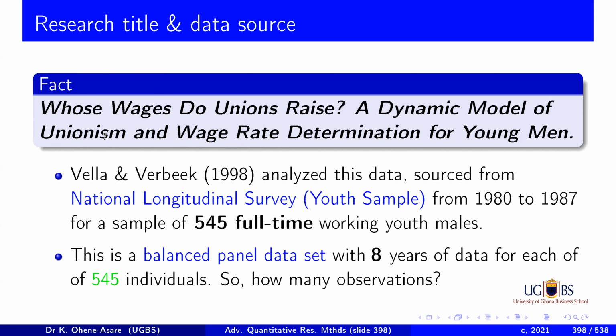The data is a balanced panel data. Now you will understand when I say that. Okay. But for some years, you will notice that it wasn't balanced. Okay. But the original data is a balanced panel data. 554 individuals, 8 years. So how many observations are we talking about?